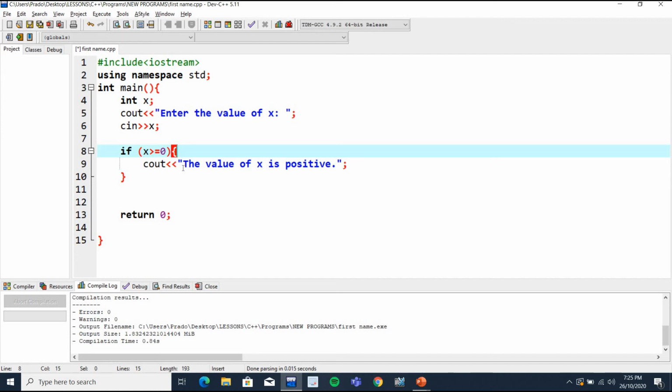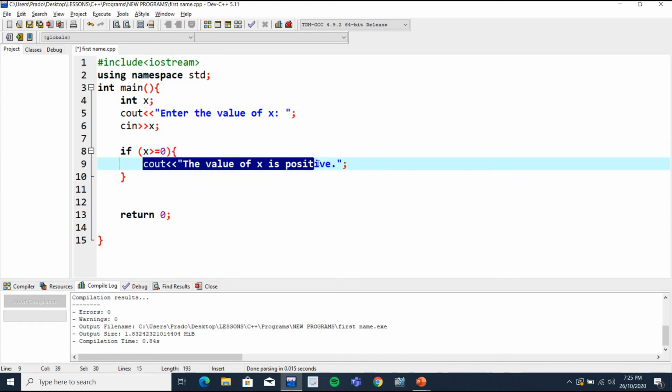So, lahat po ng yun is dito po ilalagay sa mismong loob ng parenthesis after ng if. Tapos, sa loob po ng bracket, sa loob po ng brace, yung mismong gagawin ng program kapag nag-true. Dito po sa may if.